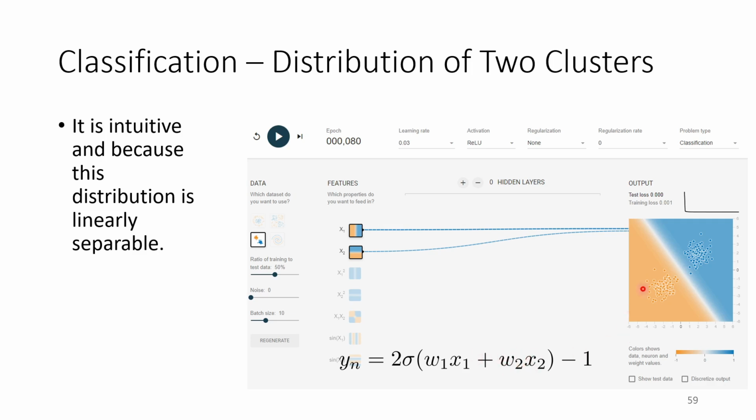When both weights are positive, say 1 and 1, you can easily find a decision boundary to separate the two clusters because they are linearly separable.